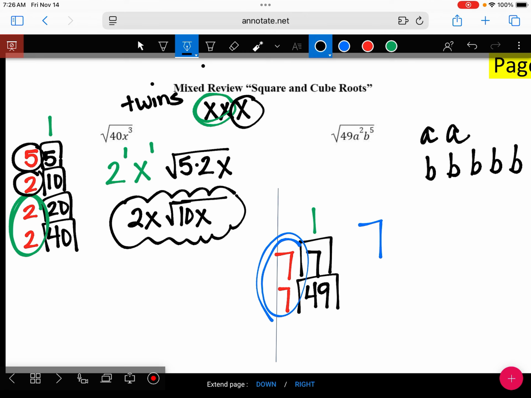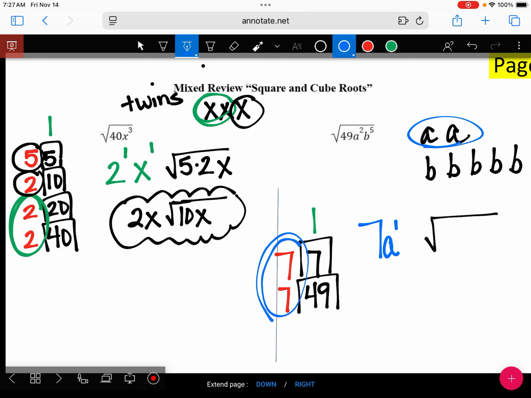And then I'm going to make my leftover. Actually, I need a little bit more space. So then I have 1 set of twin A's. So that's going to come out. And show me with your fingers how many sets of twins can you make with the B's? 2.